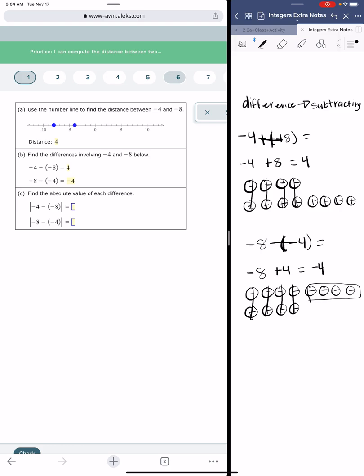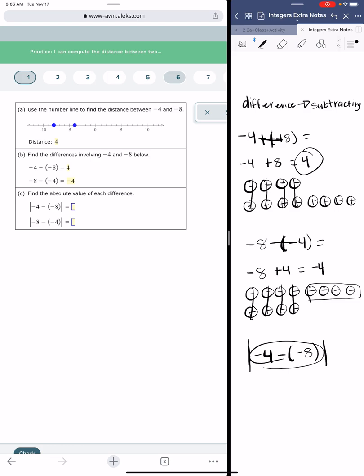Okay, so now we're on C, and it says find the absolute value of each difference. So it wants the absolute value of the difference. So notice where it's written in the absolute value lines, these 2 lines on the end. That means we're going to solve this first, and then we're going to take the absolute value of that. So -4 subtract -8, we already solved that up here.